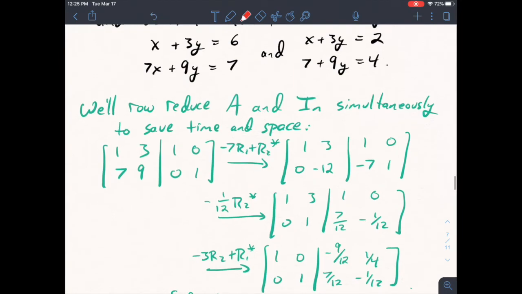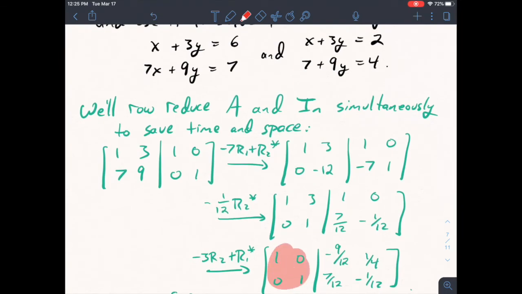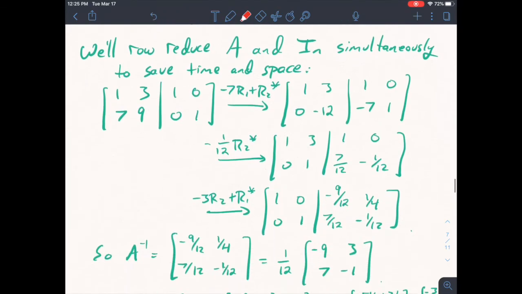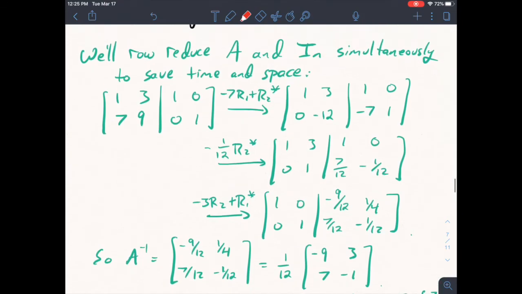And so on the left, I have my 2 by 2 identity matrix, and on the right, because I have the identity matrix on the left, I should have our inverse matrix on the right. So this is our A inverse. Each of these I could think of as having a factor of 1/12.